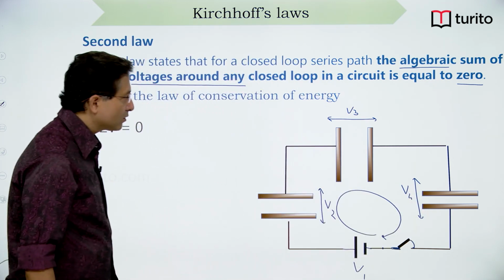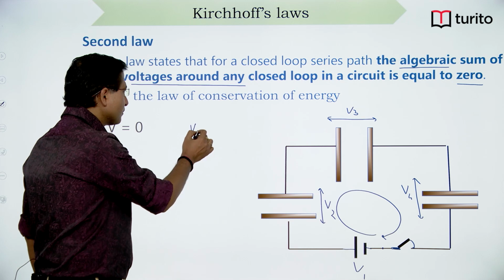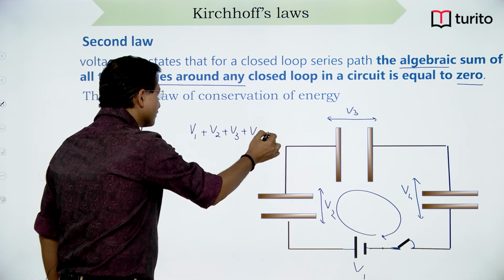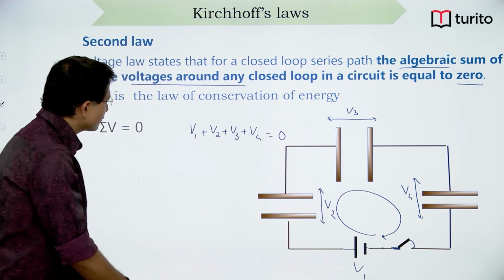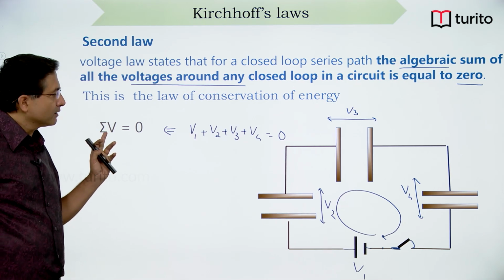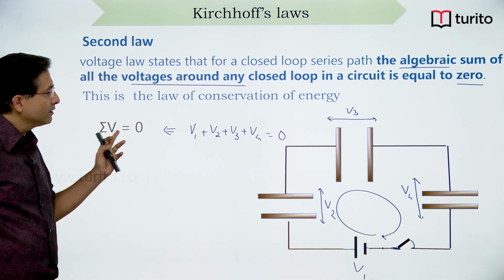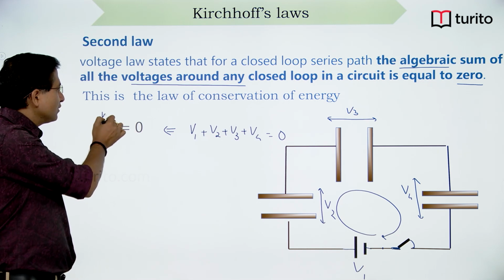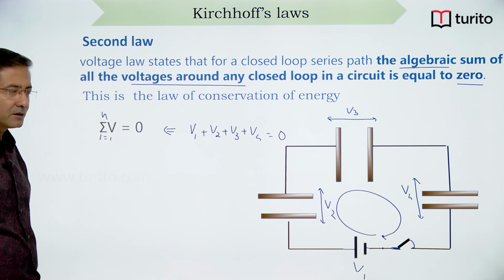So, according to this law, V1 plus V2 plus V3 plus V4 is equal to 0. I can also write it this way: summation of V, sigma V is equal to 0, with i from 1 to n depending on the number of elements.